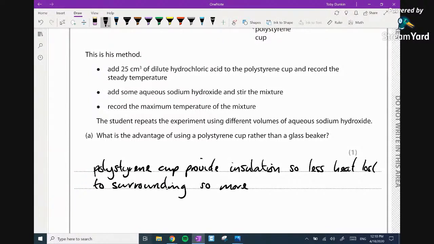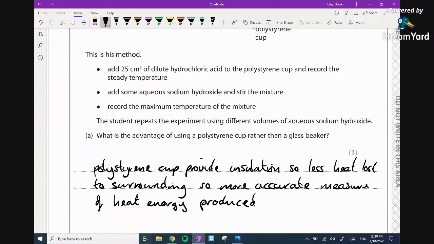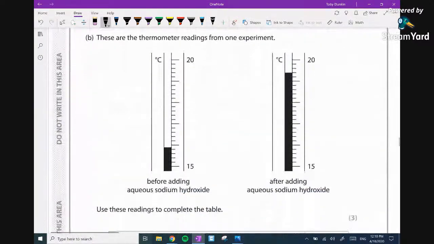So more accurate delta H, more accurate measure of heat energy produced. I like it. They're probably just going to want it provides insulation.